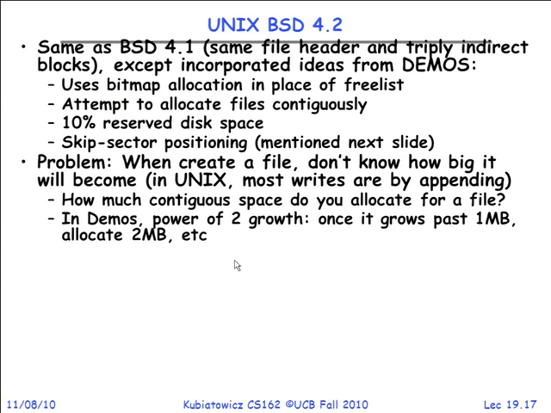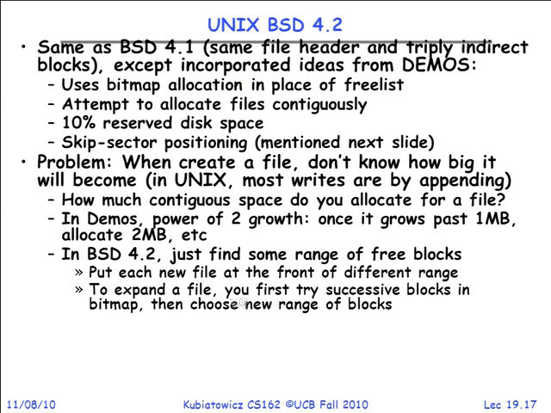So once it grows past a megabyte, you get 2 megabytes and so on. In BSD 4.2, they just found a range of free blocks somewhere in the middle of everything, and they kind of grew the file there. So each new file kind of staked out space on the disk that was free. Okay? And to expand a file, you first try blocks close, and then you go find another area to stake out. Okay? And this worked pretty well.